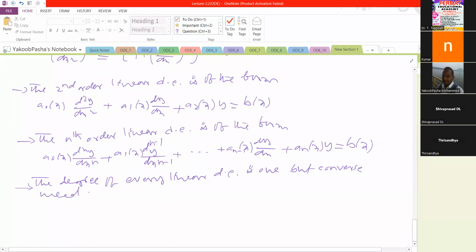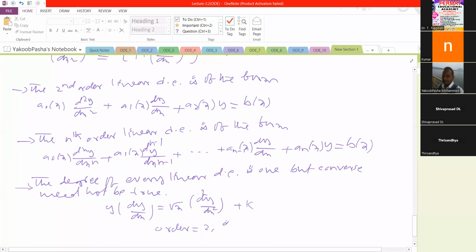For example, if we take one example here, y into dy by dx is equal to root x into d square y by dx square plus k. Now, what is the order of this differential equation?